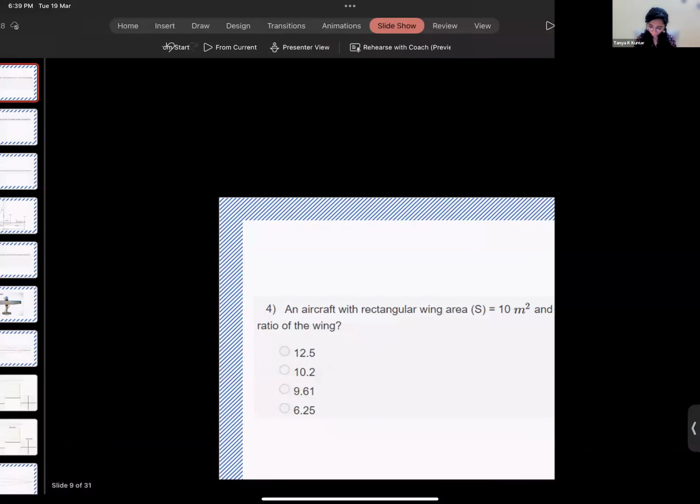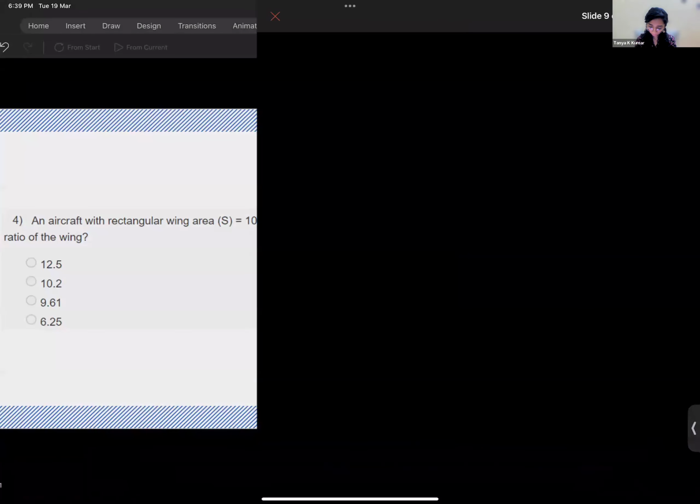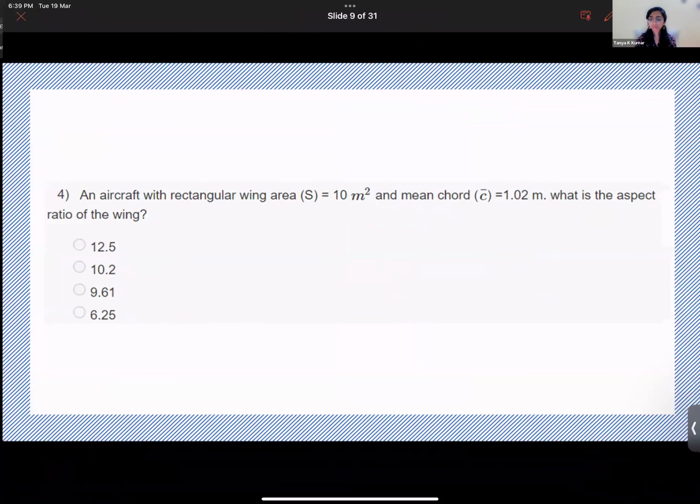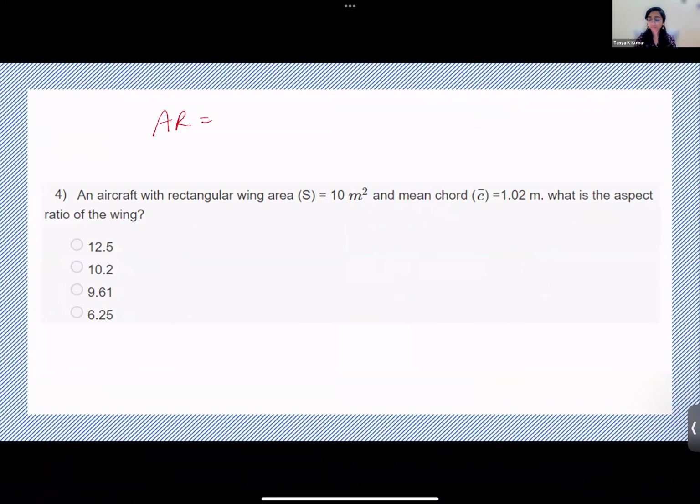So what is the formula for aspect ratio? B square by S. Okay. So what is B square here? 9.81. How did you get it? What is B?